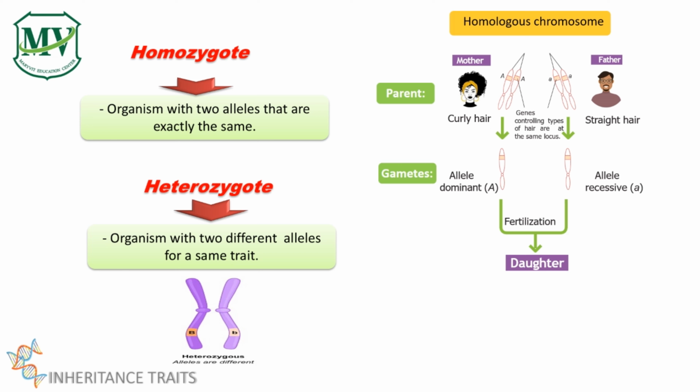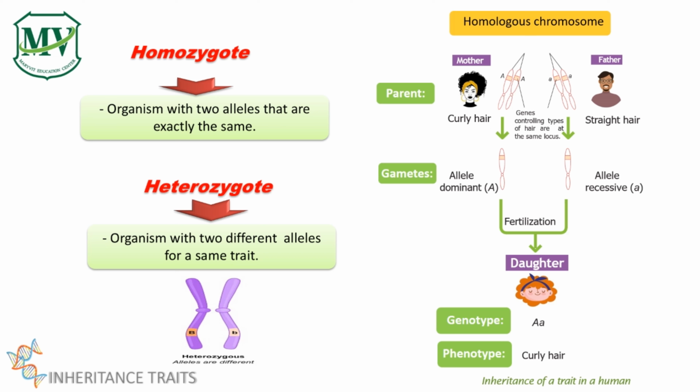So, as a result of the combination of two alleles from both parents, the mother provides the dominant allele while the father provides the recessive allele. After fertilization, the genotype of the offspring will consist of a combination of one dominant allele and one recessive allele, or what we call heterozygous.